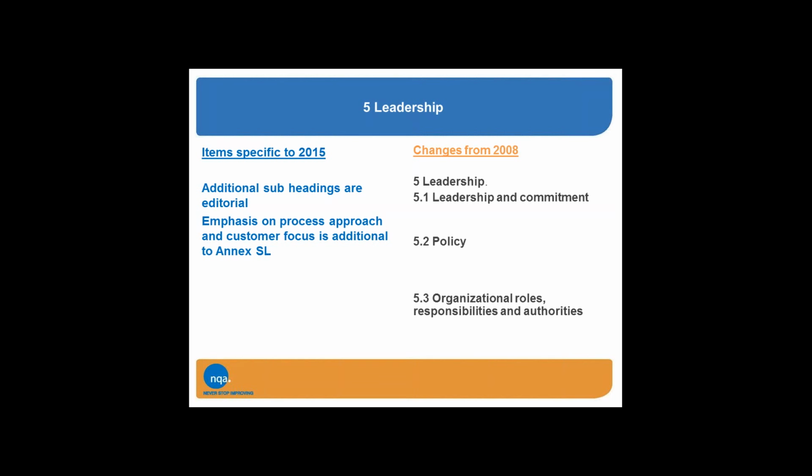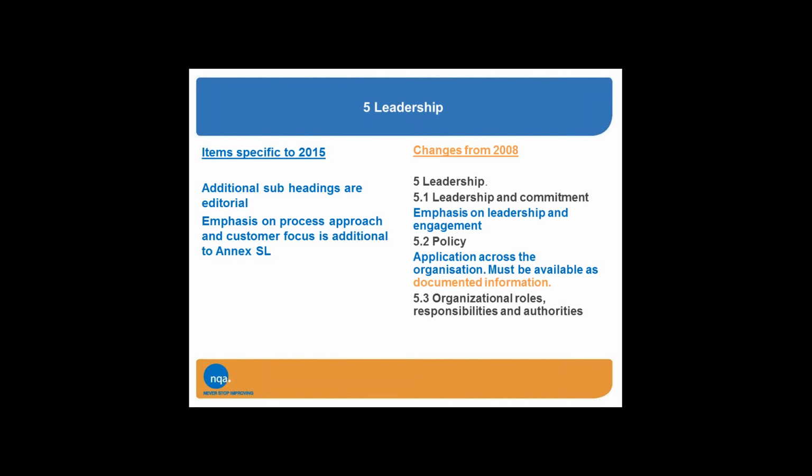And then on the right hand side, what's changed since 2008 standard? Well, we have an emphasis on leadership and engagement in the 2015 standard. The policy must be applied across the whole organization and must be available as documented information.